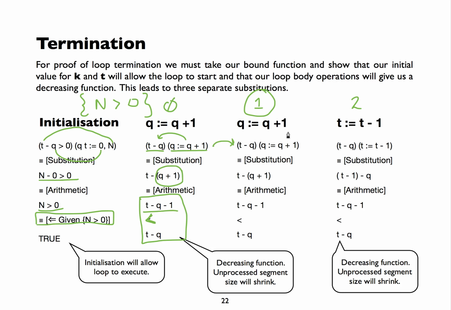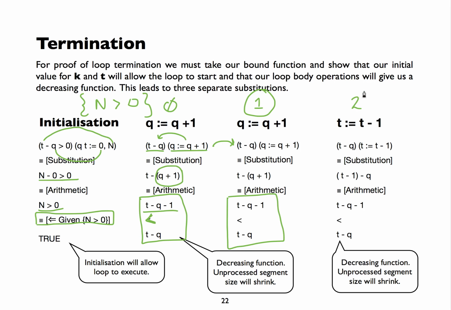We just increment q, and by incrementing q, we again have a decreasing function. So what we're really just showing is that in each of the cases, something happens to q and something happens to t, and we need to ensure that what happens in each case gives us a decreasing function.